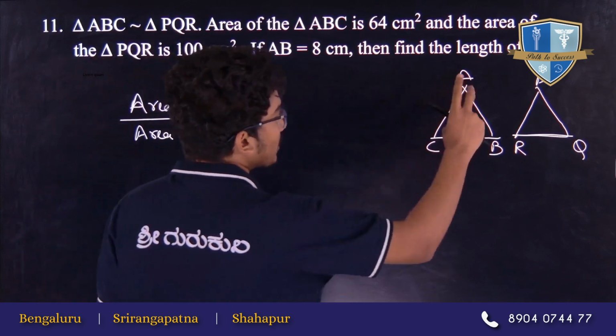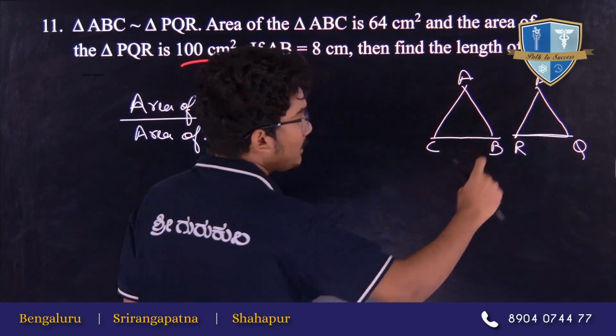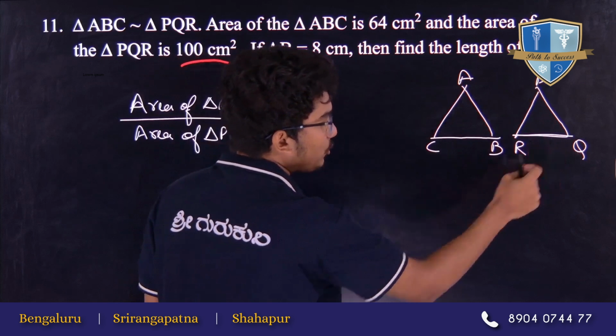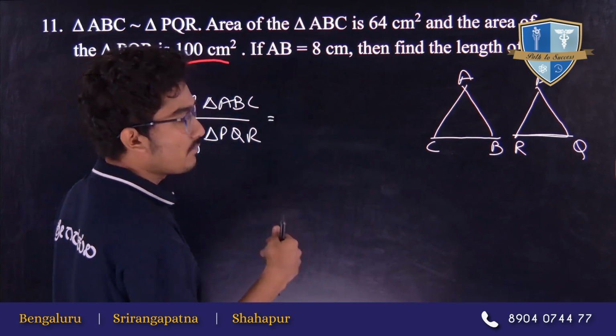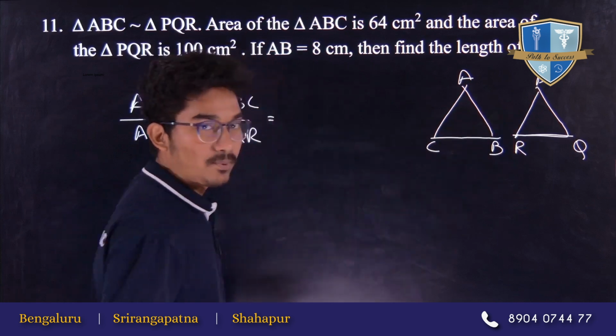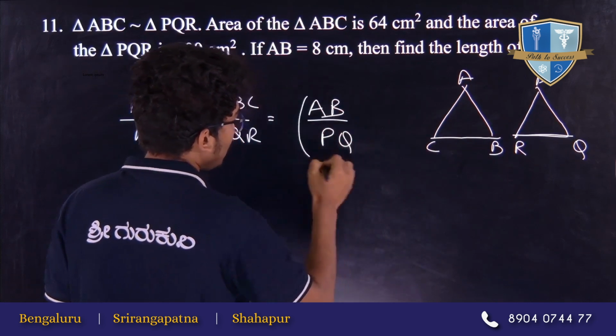For example, corresponding sides are here AB and PQ, AC and PR, BC and QR. So any of the corresponding sides, since AB is given, we will take AB and PQ as corresponding sides. So it will be equal to AB by PQ the whole square.